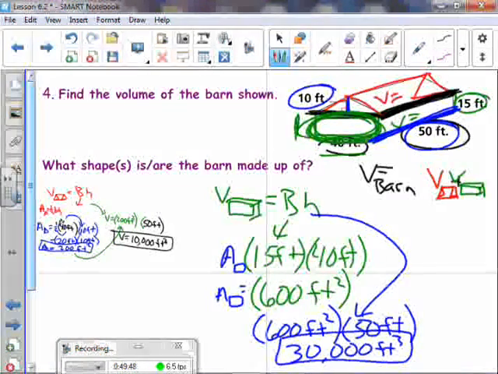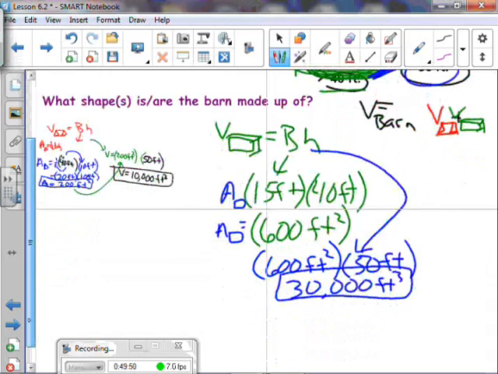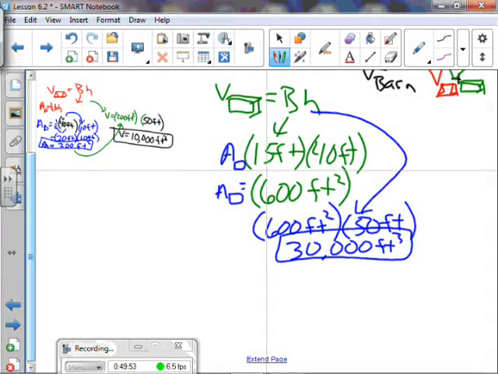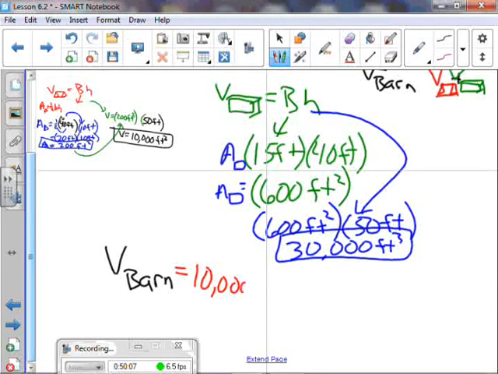Now, am I done? Well, not quite, because I still have to find the volume of the barn. Volume of the barn is equal to my volume of my triangular prism, which we found to be 10,000 feet cubed, plus my volume of my rectangular prism, which I found to be 30,000 feet cubed.